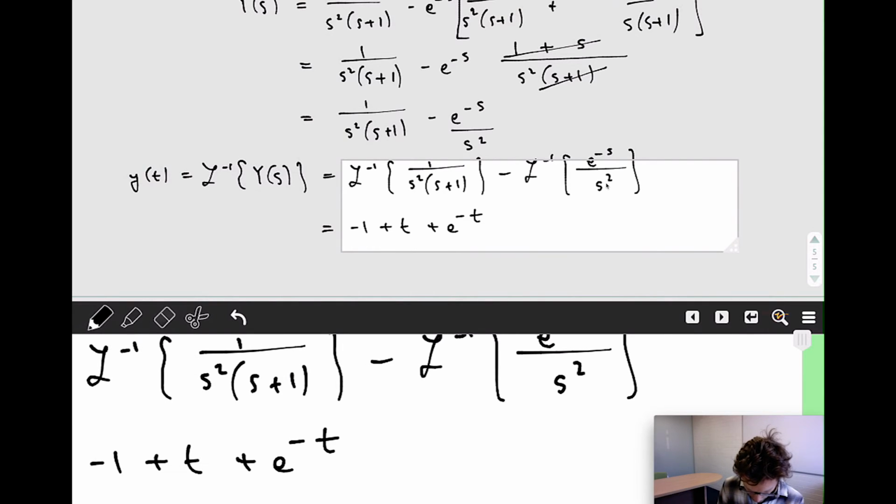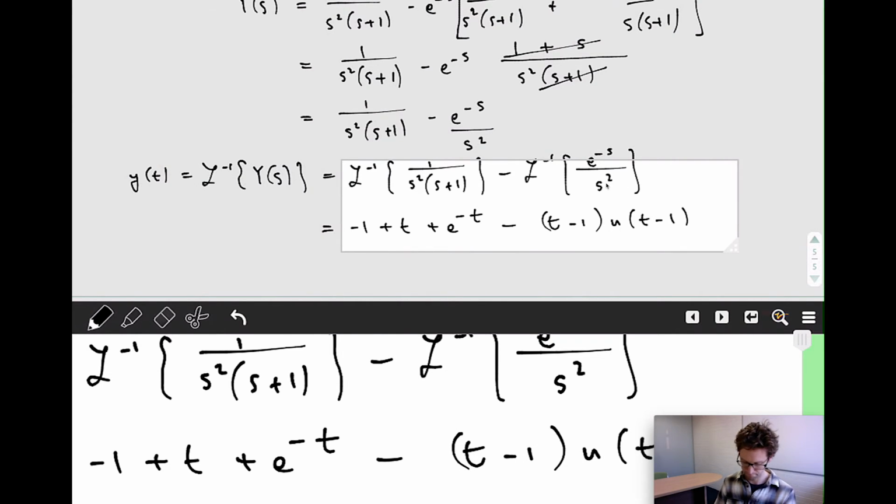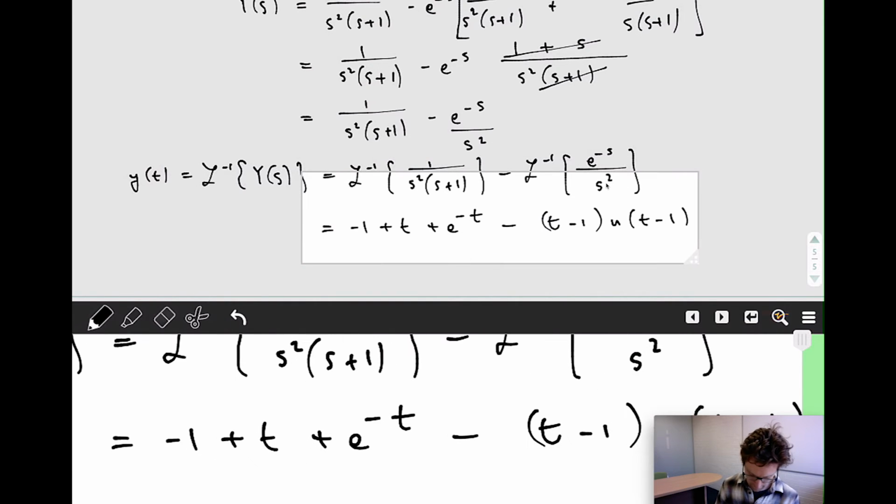So I take the function t, and then I give it a shift of 1 and a cut at t equals 1. So that's using the second shifting theorem. And that's our solution then to our differential equation.